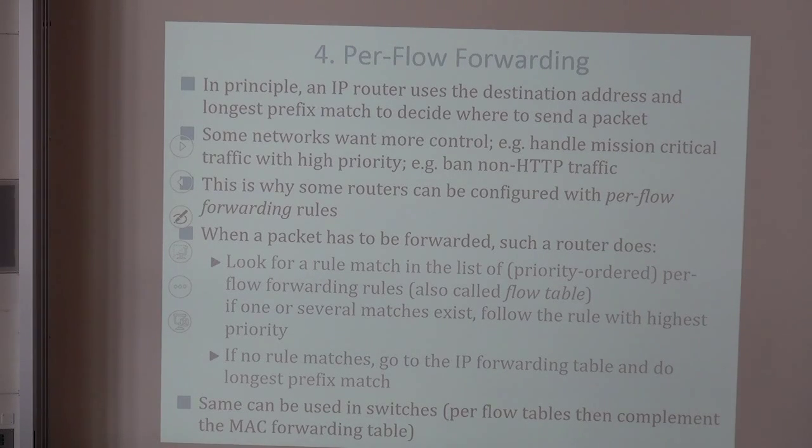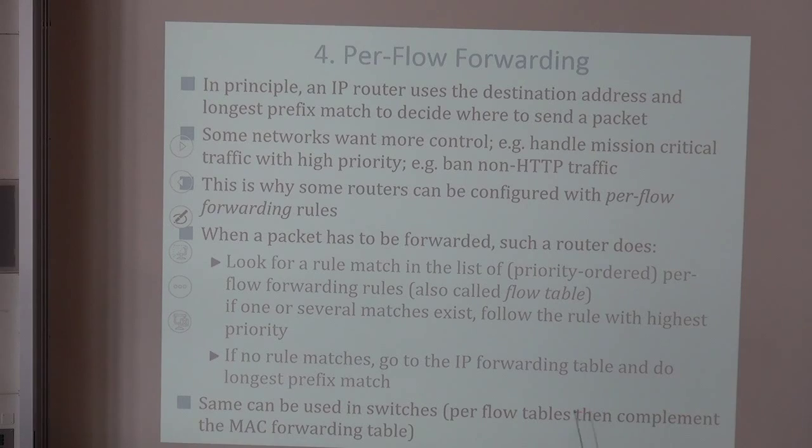If you are Google and you have a big room with 10,000 servers that are interconnected by a network of 200 switches or routers, you may want to influence how the flows are routed where. You may want to give high priority to some mission critical traffic and lower priority to other traffic that can adapt.